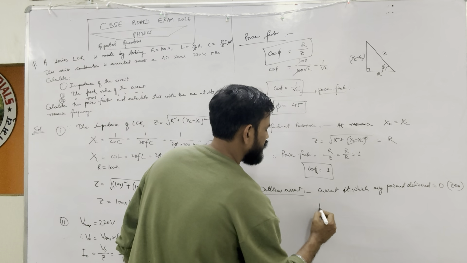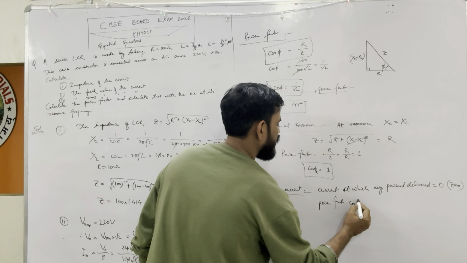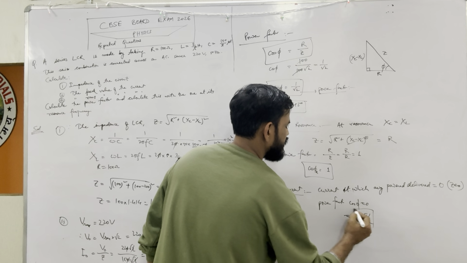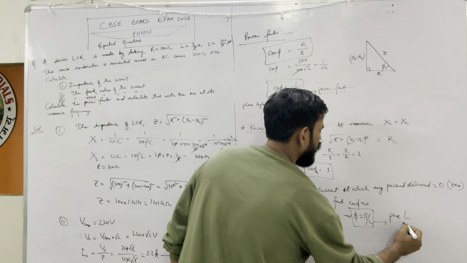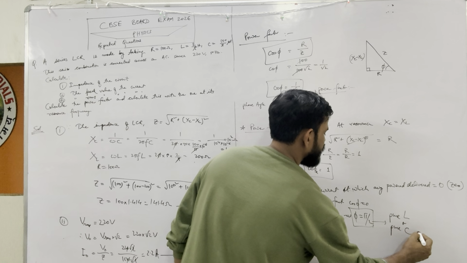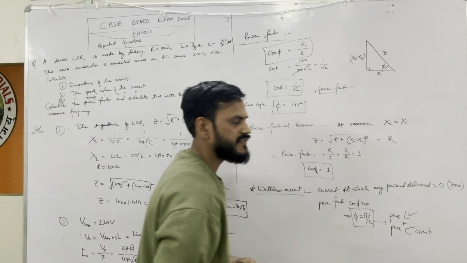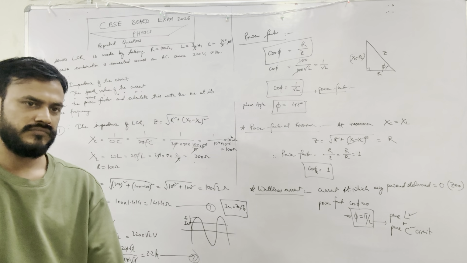So power factor cos phi becomes 0. That means phi will be 90 degree. This happens only in pure L or pure C circuits. So in pure inductive or pure capacitive circuit, power factor is always 0. Alright?